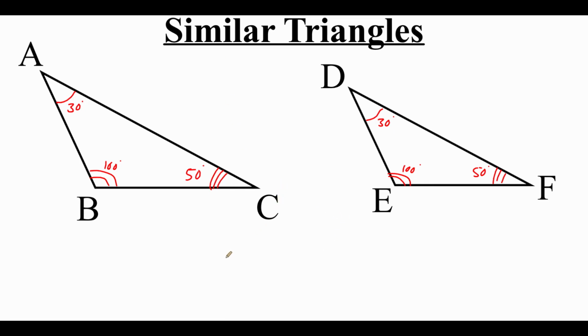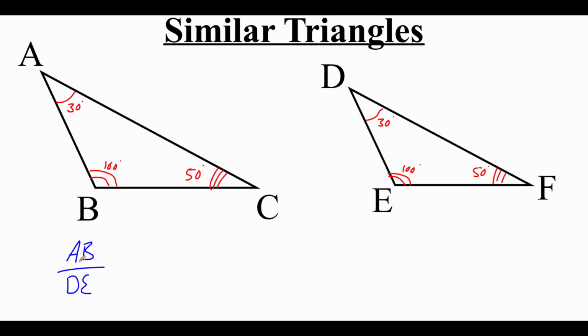Now, the second property deals with the sides, and it said that corresponding side lengths are proportional. And when we're dealing with proportions, we're making fractions. A proportion is saying that two fractions or multiple fractions are equal to each other. So side AB and side DE are not going to be congruent to each other, but what we're actually going to do is make a fraction, and I'm going to put AB on top and DE on the bottom.